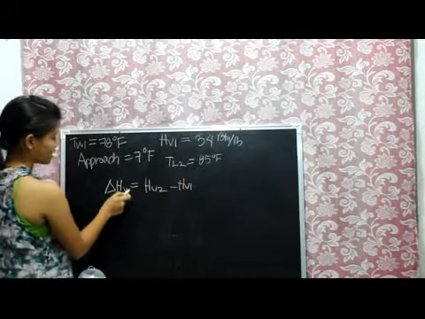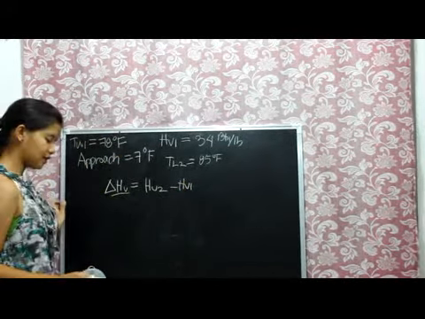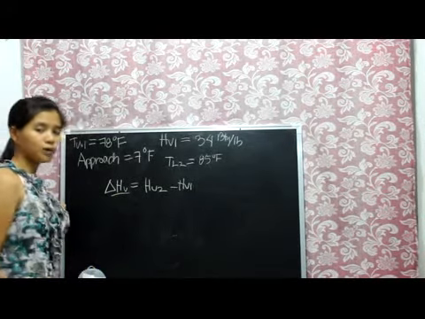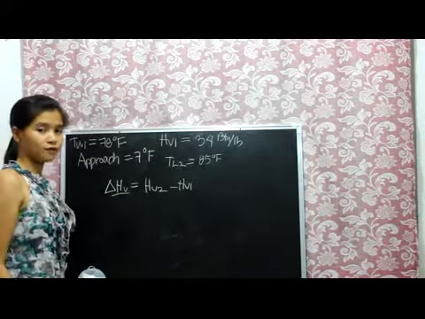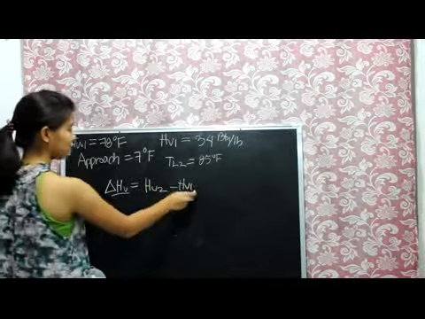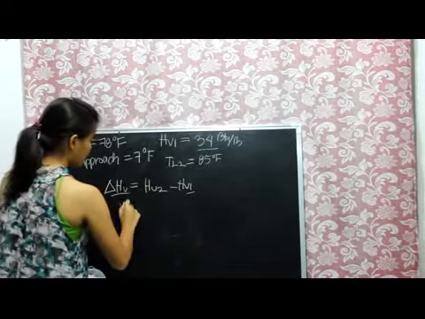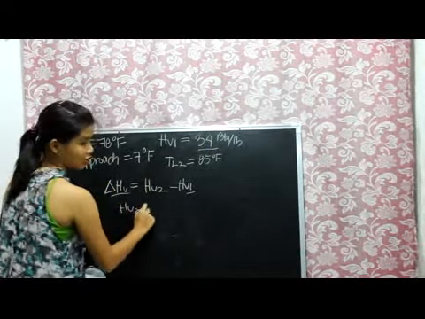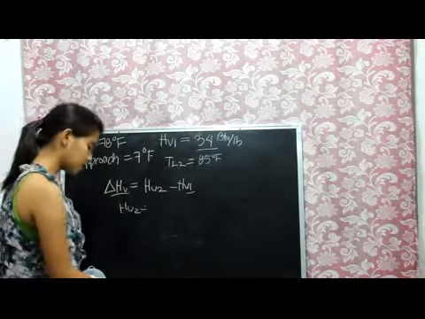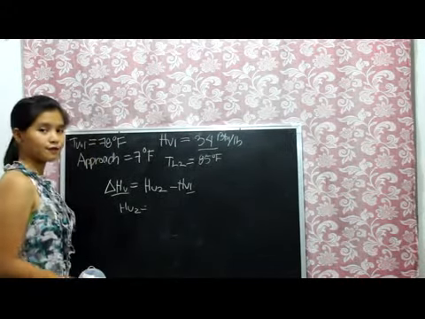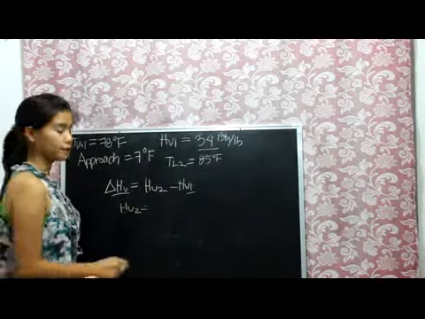Since we're already given delta HV that is equal to 22.5622 BTU per pound from A, and HV1 is 34, we could get the value of HV2 that is equal to 56.5622 BTU per pound.